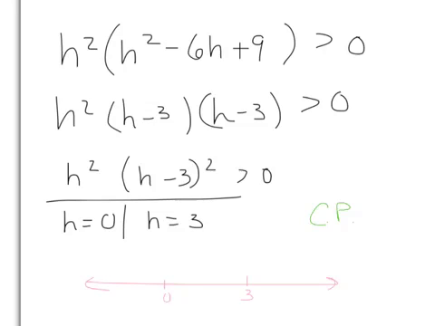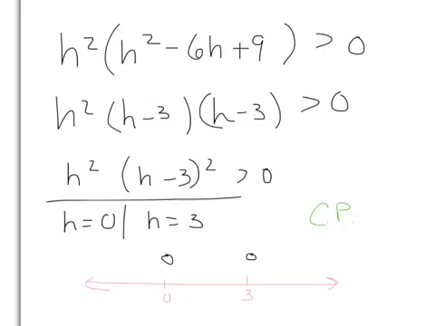Open or closed circles? Open, because it's just greater than. Open circles. Now, it's greater than 0, so I want to shade in the positive regions. So let's test to see which region will yield a positive answer. What number is the easiest number to test to the left of 0? -1.